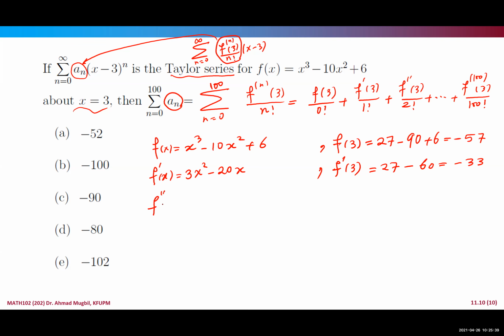The second derivative is 6x minus 20. The second derivative at 3 is 18 minus 20, which is negative 2.